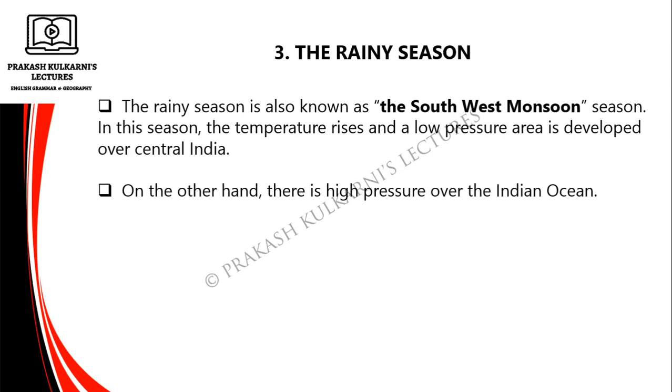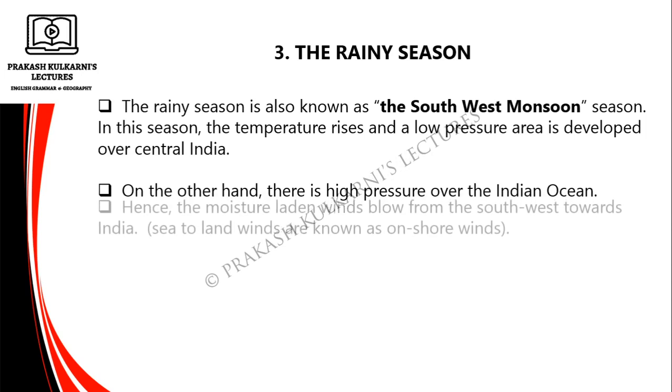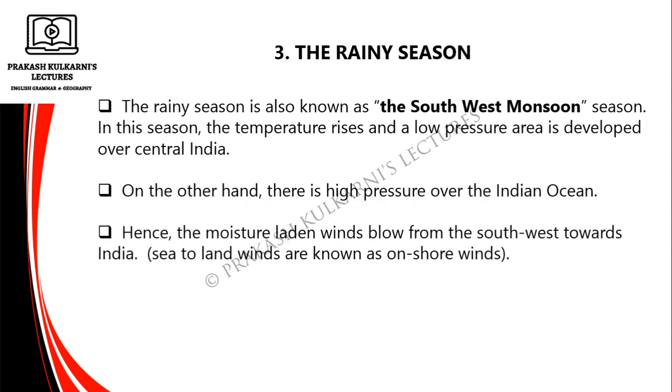On the other hand, there is high pressure over the Indian Ocean. Please note that always winds are blowing from high pressure to low pressure. Like water is flowing from higher elevation to lower elevation, the winds are blowing from high pressure to low pressure.